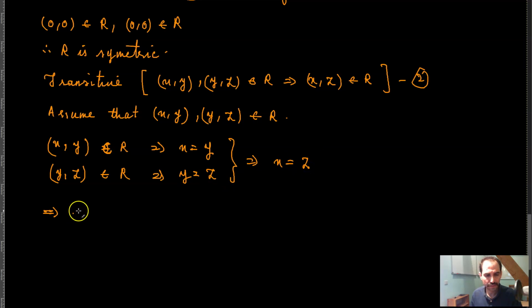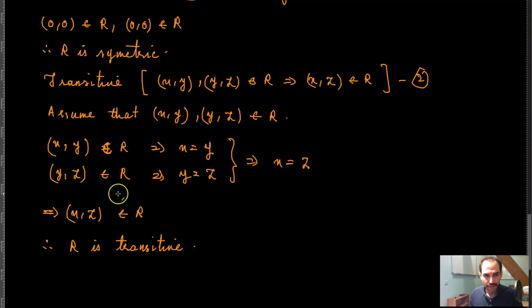And if x is equal to z, then x comma z also belongs to R. So here we have x comma y and y comma z belonging to R, and we have concluded that x comma z also belongs to R, which means that R is transitive.